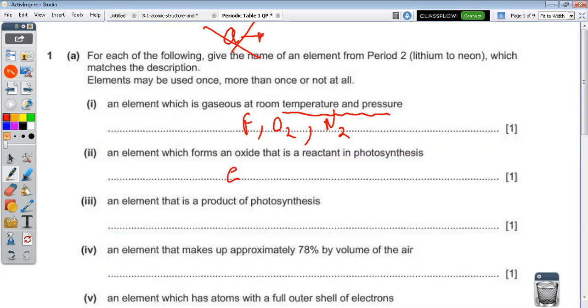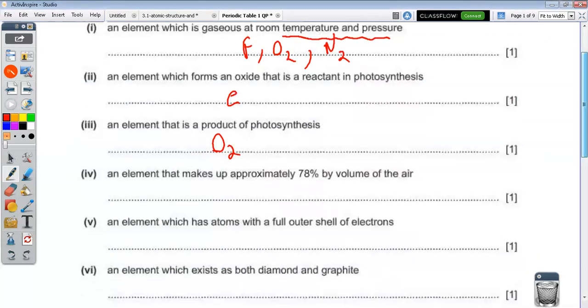An element that is a product of photosynthesis. Oxygen. Correct. It always exists as diatomic oxygen.